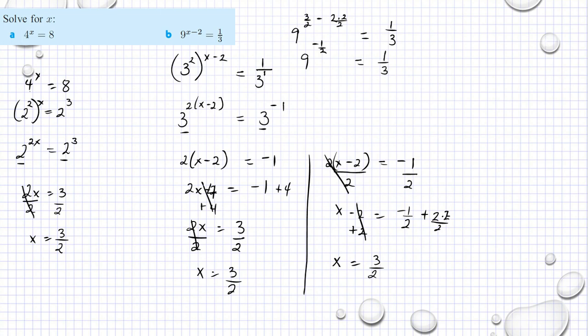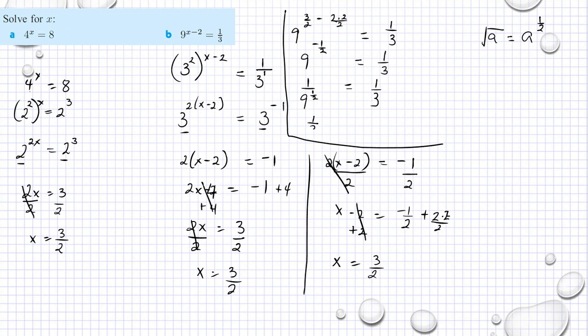If we put that as a denominator, then we have 1 over 9 raised to 1/2 is equal to 1/3. And as we said before, a number raised to 1/2 is the same as the square root of that number. So the square root of 9 is 3. So we have 1/3 is equal to 1/3.